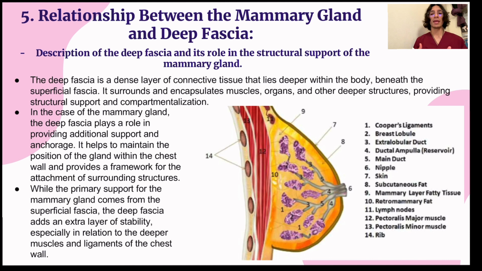It helps to maintain the position of the gland within the chest wall and provides a framework for the attachment of surrounding structures. While the primary support for the mammary gland comes from the superficial fascia, the deep fascia adds an extra layer of stability, especially in relation to the deeper muscles and ligaments of the chest wall.